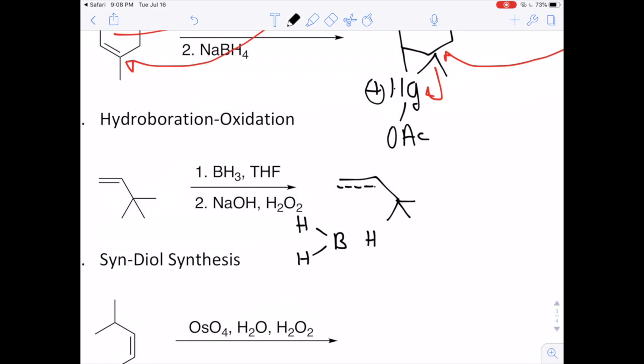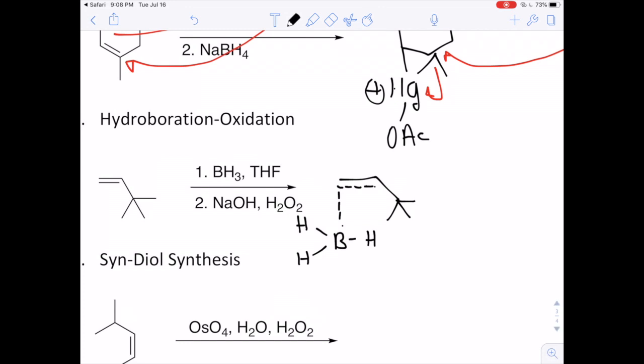And there's a reason why I drew the BH2 portion, so that's this portion, towards the left, because it's less sterically hindered and it can align in that fashion, where this single hydrogen atom over here can align with the tert-butyl group because it's more bulky and that hydrogen atom is a lot smaller, okay? So in terms of depicting the transition state, we know that the BH2 fragment is going to add to the less substituted side.